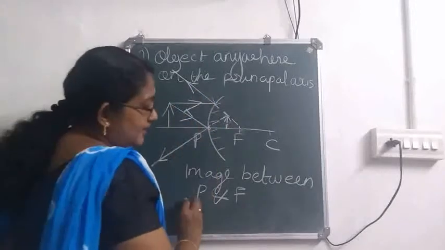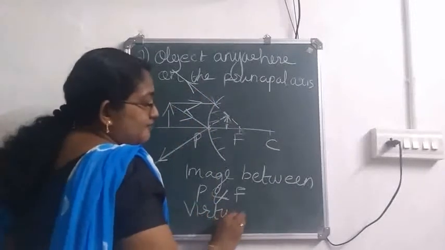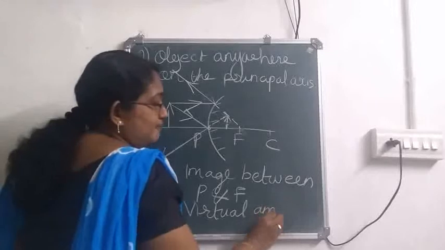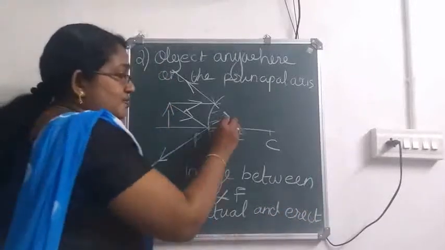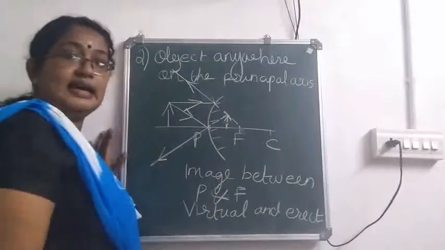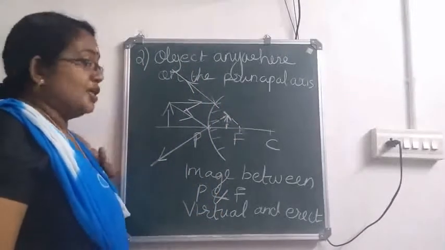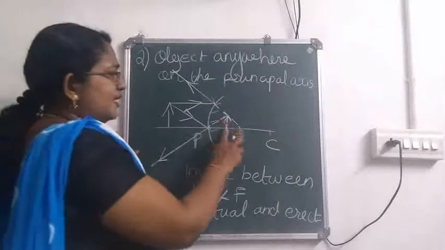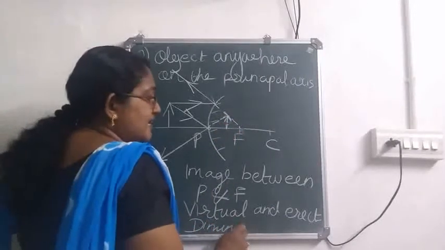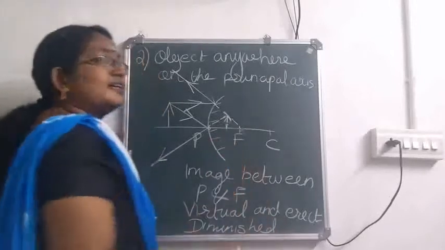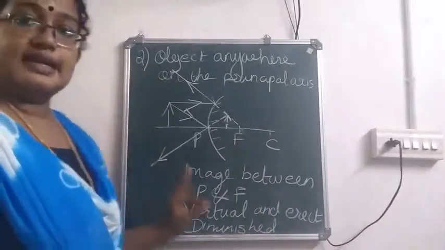We are extending them in the backward direction. That means it is a virtual image. Virtual means always erect, isn't it? So that is why I have given the arrow mark in the upward direction. So virtual and erect. And what about the size? It is diminished. In the previous case it was highly diminished. Here it is diminished. So is it clear?